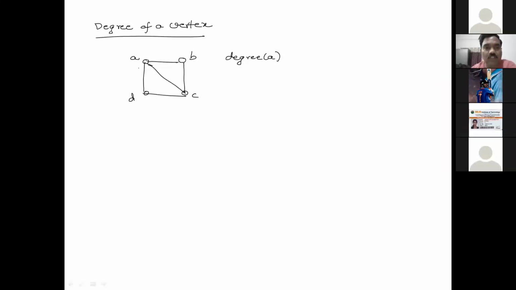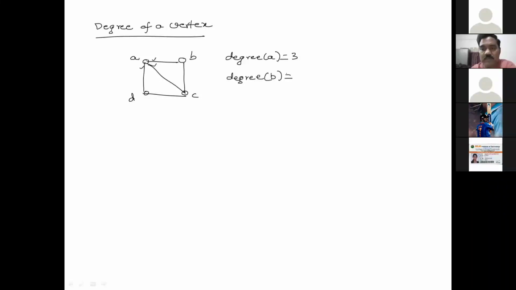Yes, 1, 2, 3, so the degree of A is 3. Similarly, what is the degree of B? That means how many edges are there at the vertex B? 2. Quickly, what is the degree of C? 3. And the degree of D? 2.